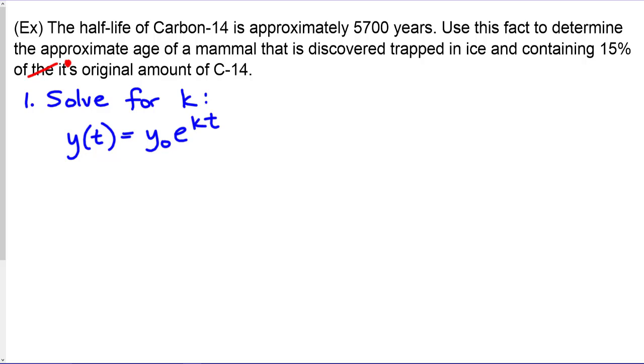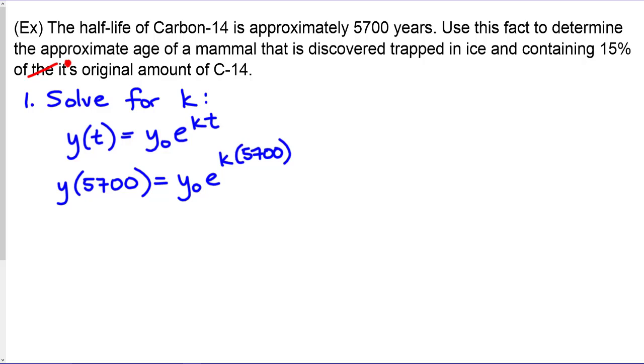And let's plug in what we know here. So the population size after 5,700 years, if I just plug in 5,700, I would get y sub 0 e to the k times 5,700, which leaves a lot of variables left in this problem.